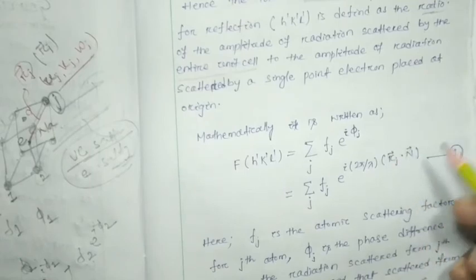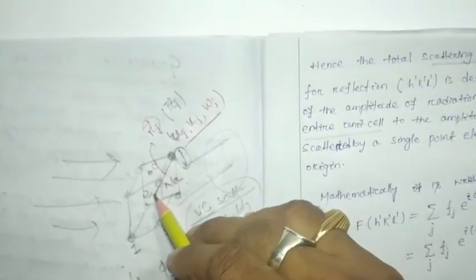R is any arbitrary position vector between one arbitrary atom and the electron.